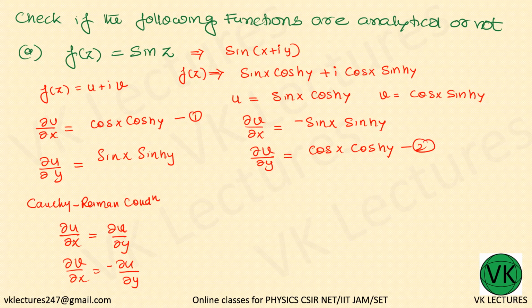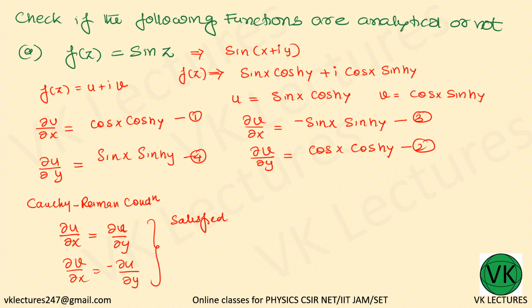Now dou v by dou x is minus sin x into sin hyperbolic y, and dou u by dou y is sin x sin hyperbolic y, but there is a minus sign. So equation 3 and equation 4 are minus of each other, so this condition is satisfied.